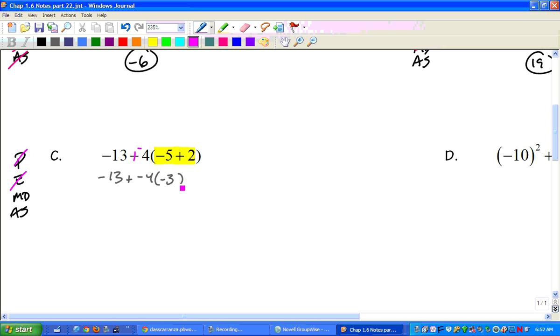Did the parentheses, exponents. Now we need to multiply and divide before we can add. Negative 4 times negative 3 gives us positive 12. Add those guys up at the very end, and you get negative 1.